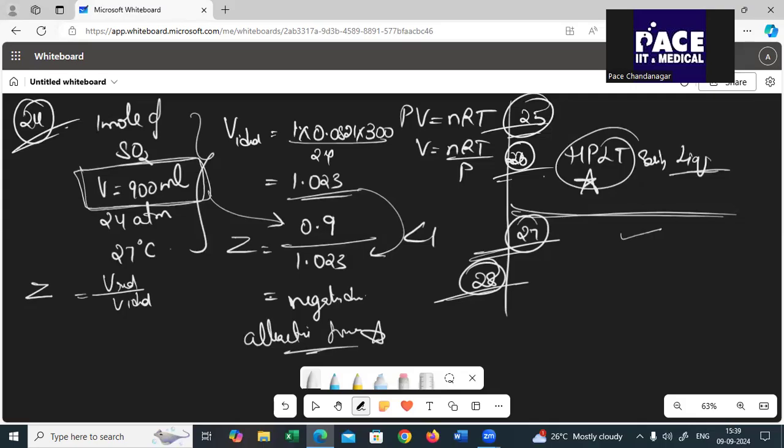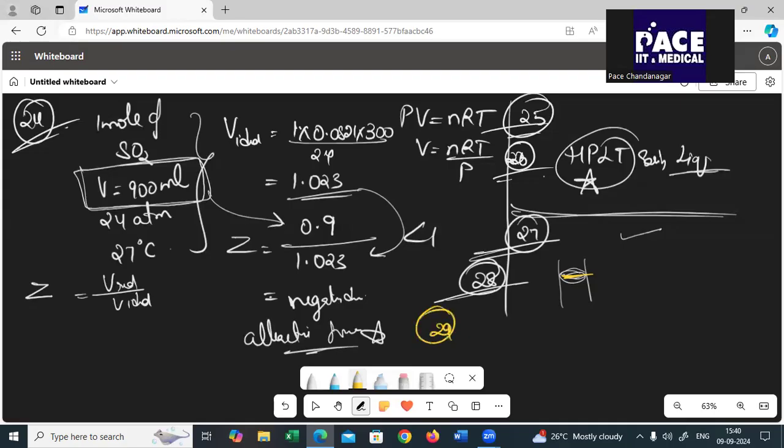The upper meniscus, lower meniscus, that disappears. It will be just straight. The meniscus between liquid and vapor disappears, as there is no difference between your gaseous state and the liquid state at critical temperature, because it is the critical temperature. I am talking about this.